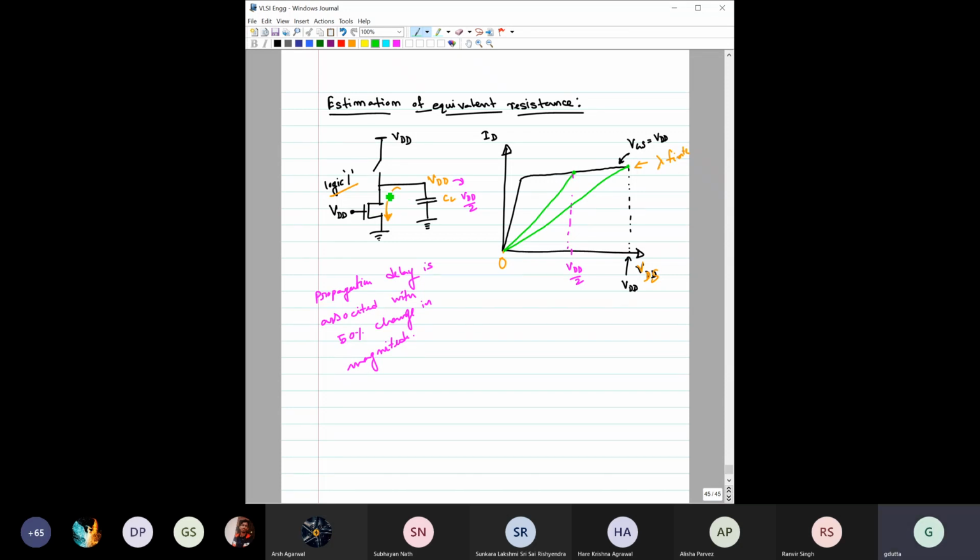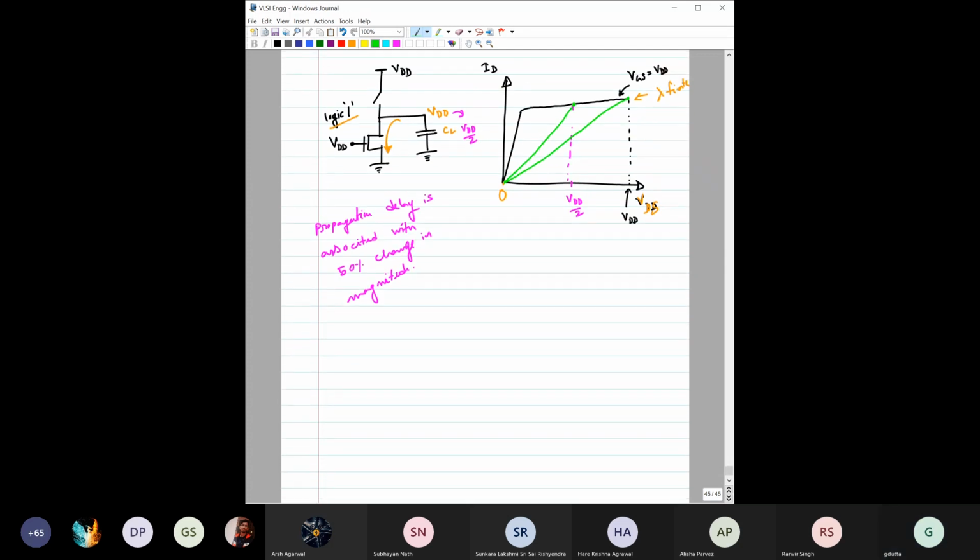Fine. So I hope this part is clear to you. Whether Vdsat is for a short channel MOSFET or a long channel MOSFET, compared to VDD this region would be pretty small.